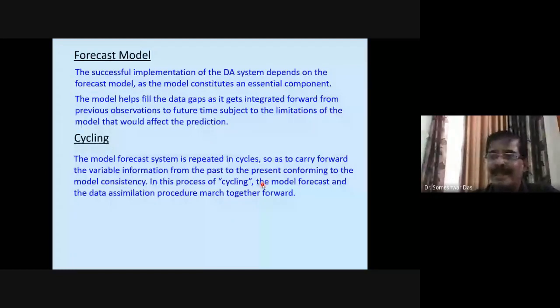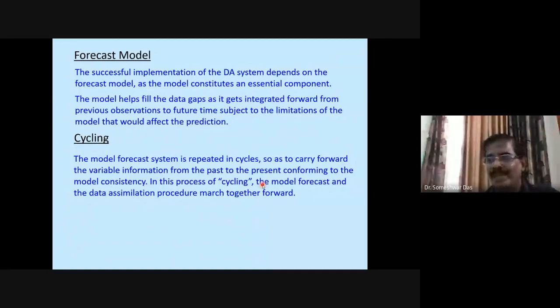When you are starting at day -3, at some point you have no forecast, because that is your starting point. Only after you have started integrating the model from that time do you get a forecast for the next cycle. So always you have a starting point somewhere where there is no first guess available. So that is the cold start.